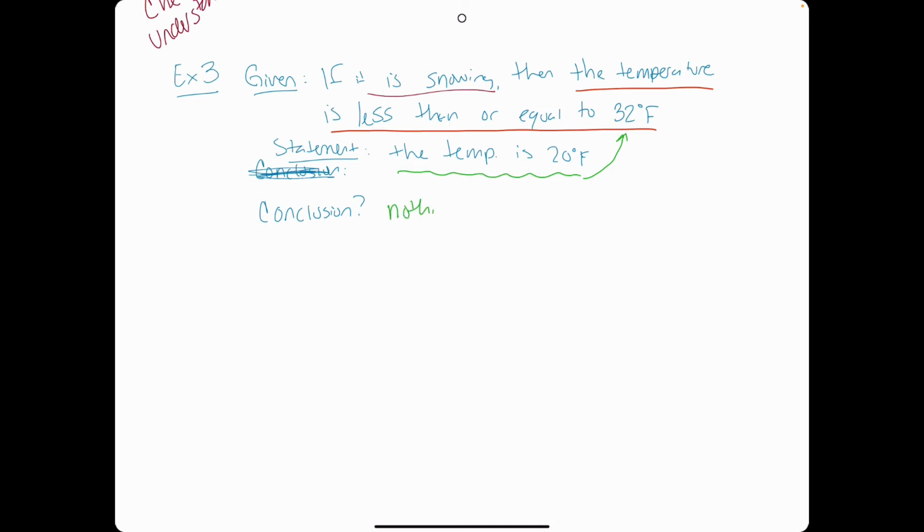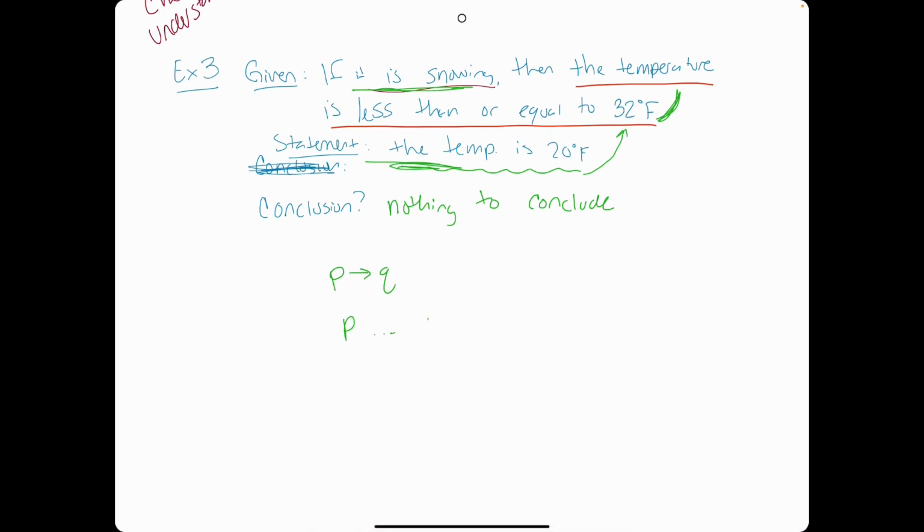Nothing to conclude, because the statement that I was given relates to the conclusion, not the hypothesis. So there's nothing you can do here. The law of detachment only works if you're given a true conditional and then starting with its hypothesis. So this idea of if P then Q, and then your statement says P, you can conclude Q, whatever it is.